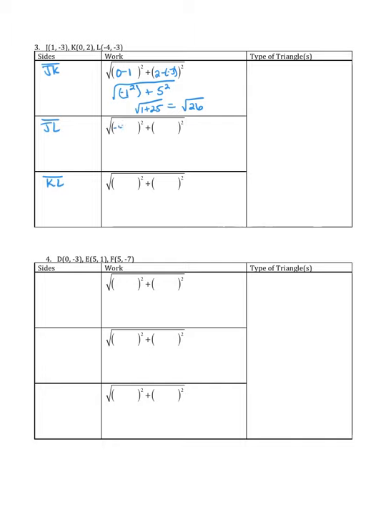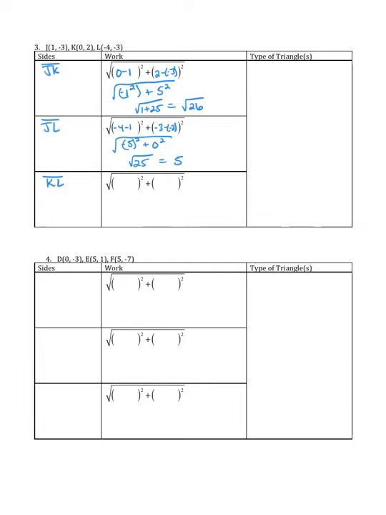So if you're getting a negative number, you're putting it in the calculator wrong. JL, negative 4 minus 1 plus negative 3 minus negative 3. Yeah, make sure I line them up right. Negative 5 squared plus negative 3 plus 3 is 0. Square root of 25 equals 5.